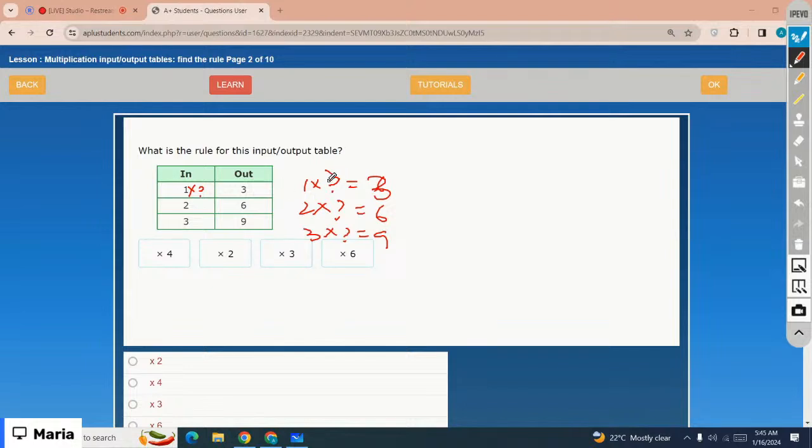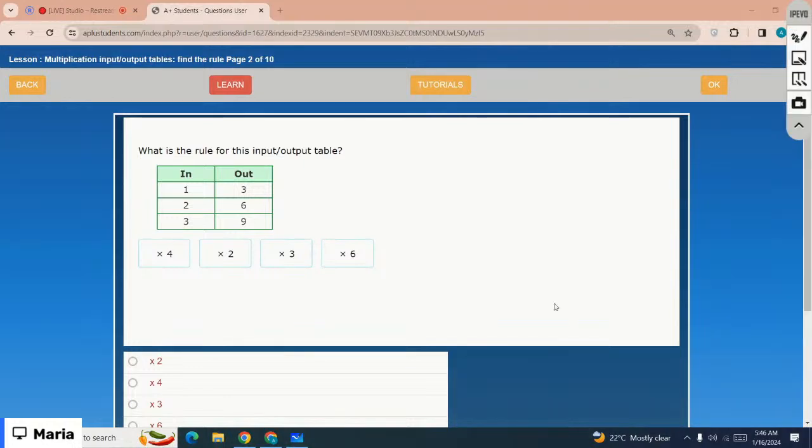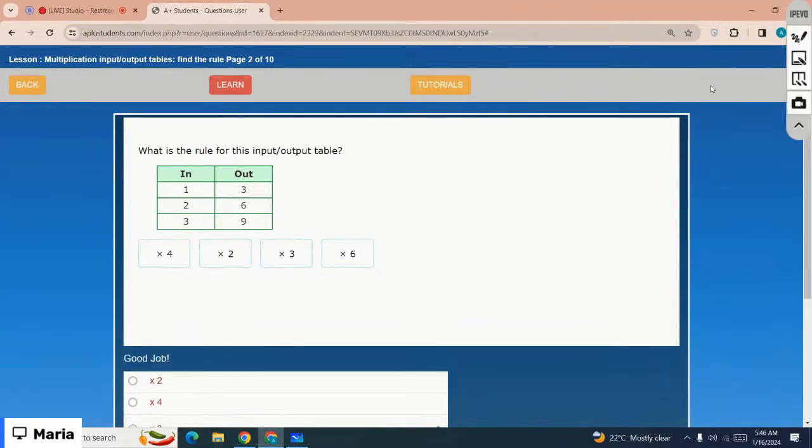Yes, 1 times 3 is 3, 2 times 3 is 6, and 3 times 3 is 9. That means the rule for this table is you have to multiply by 3. Got it? The rule for this table is 3. You need to multiply each input value by 3 to get the output value.